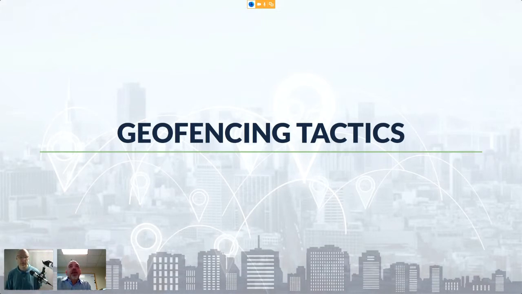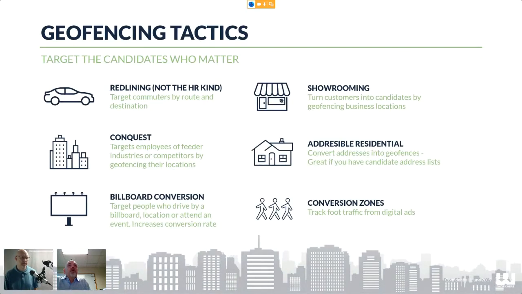But when it comes to these kinds of ads, there's a whole world of different tactics we can use to identify and surface who we're targeting, and then pick out what content we send to them. So I thought it might be interesting to hear what some of the tactics are that we use in geofencing, and it might really help people understand how they can apply that to their recruiting problems.